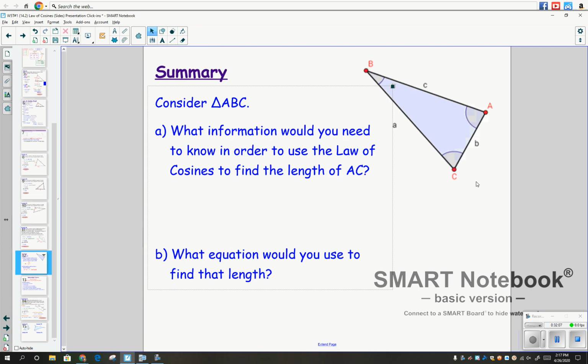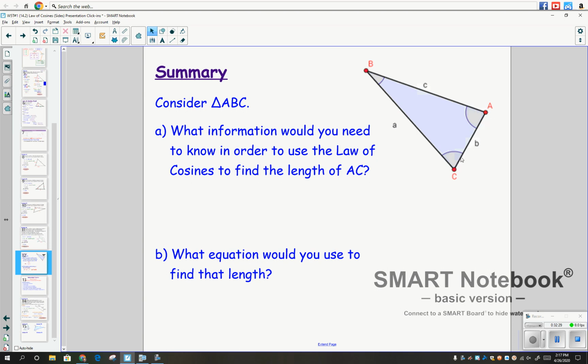So, summary, I want to wrap this up. If I consider triangle ABC here to the right, what information would I need to know to find the length of AC? I would need to know the measure of 2 of the sides, right?